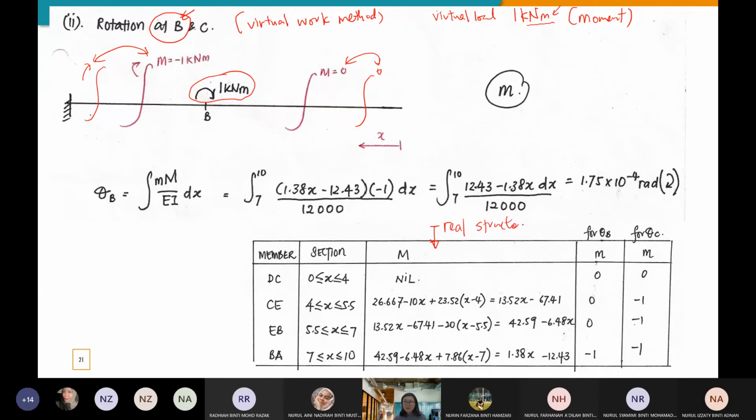How to get this real structure? Moments. Anyone? How to get the M for the real structure? Want to try?